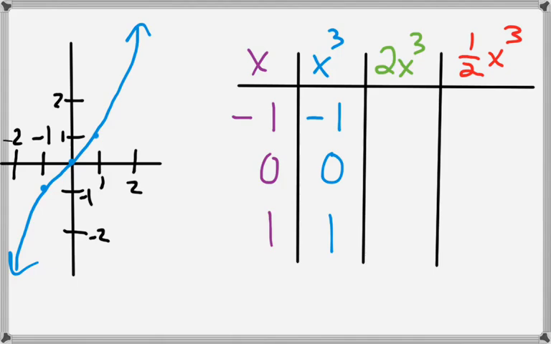So essentially when you cube the x value, that's going to give you the y value that we had on the original. And then we're going to multiply that by 2. So essentially you can take these y values that we got here and just multiply them by 2, and that will give us the points that we'll have on the stretched graph.